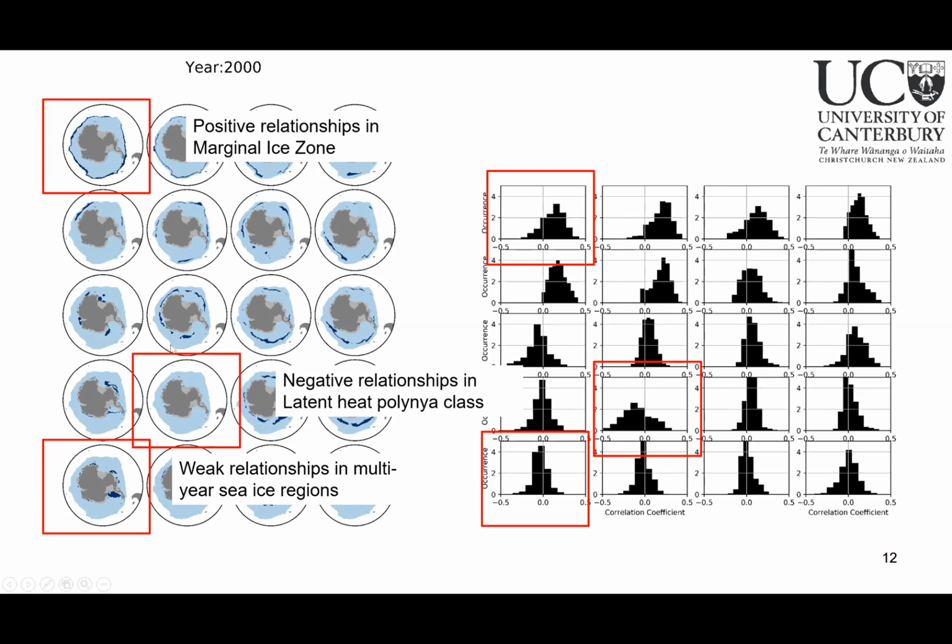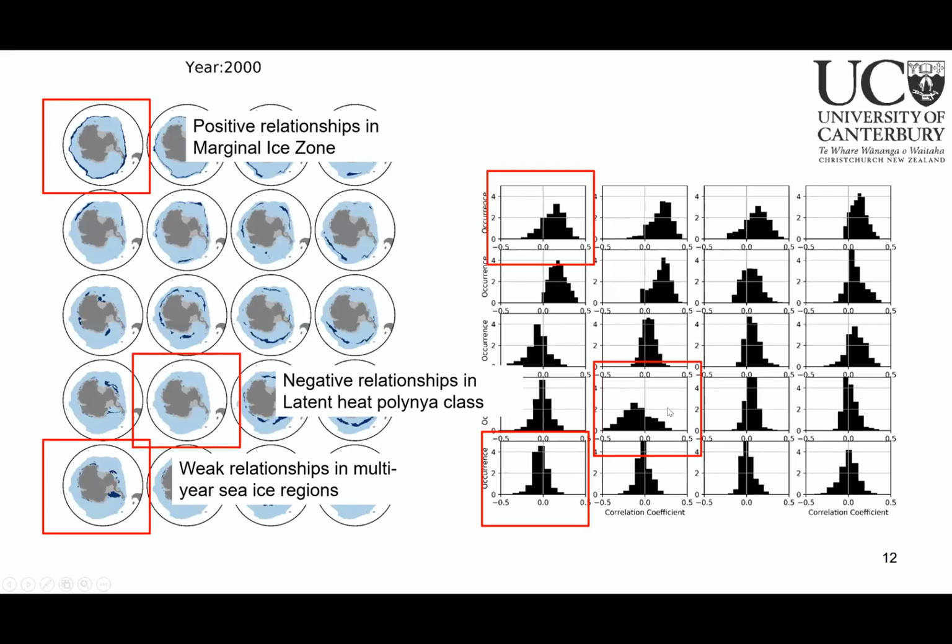This is the polynya class. This is the correlation between the local wind speed and the sea ice concentration in three different regions. The first region, this one here and this one here, relate to positive relationships between wind speed and sea ice concentrations in the marginal ice zone. The polynya class, which I've shown you, relates to areas where the latent heat flux is strong.